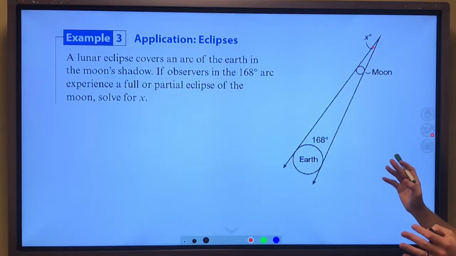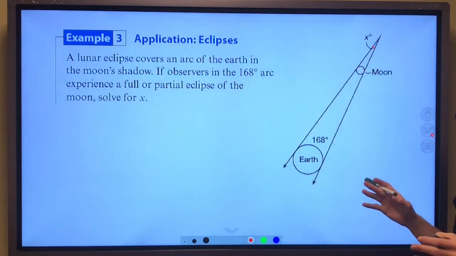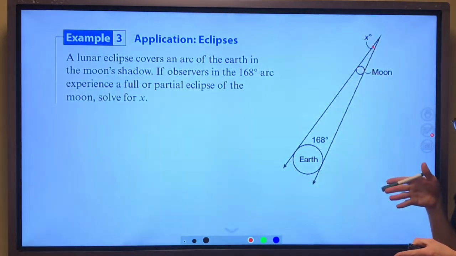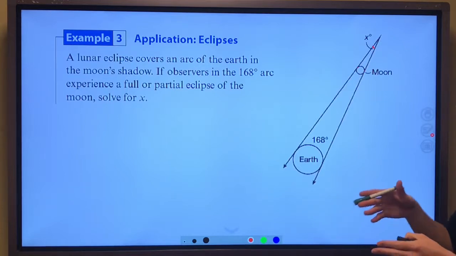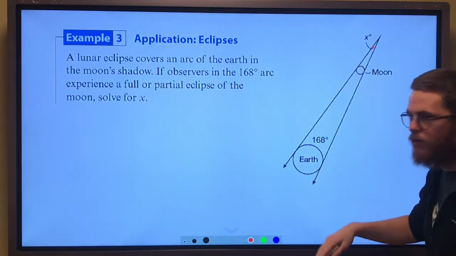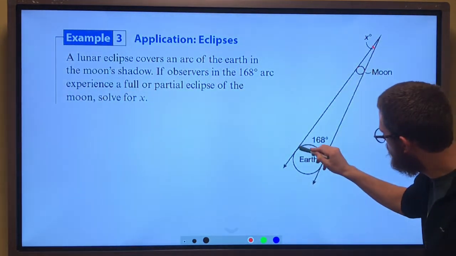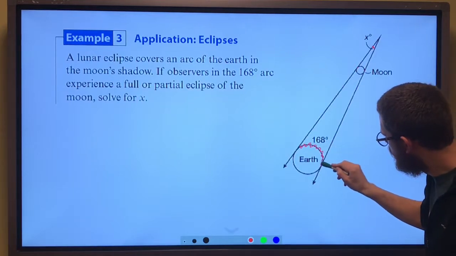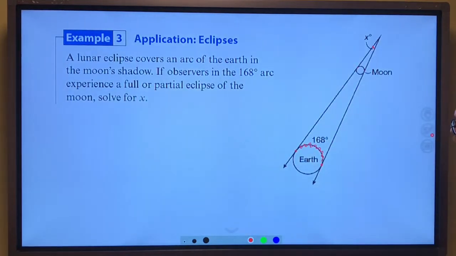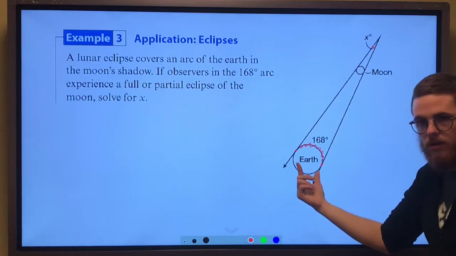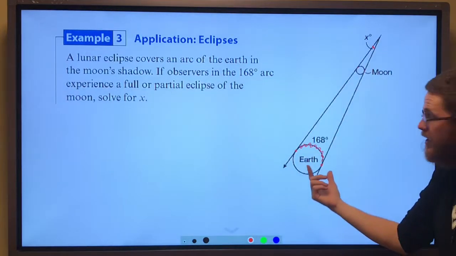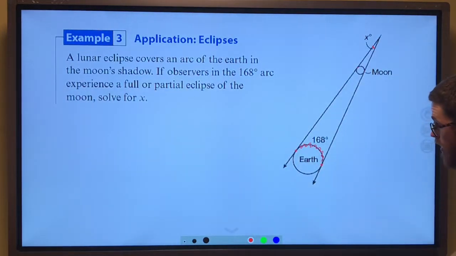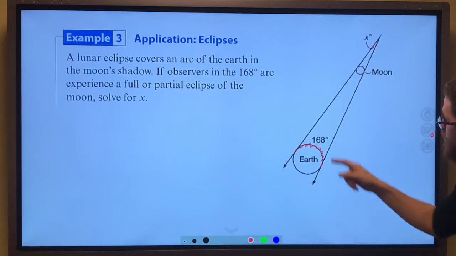The observers are in space. They're looking on the other side of the moon. Anyways, all we need to do is find x. This is that situation where both lines are tangent to our circle, that's relevant to us. 168 degrees.